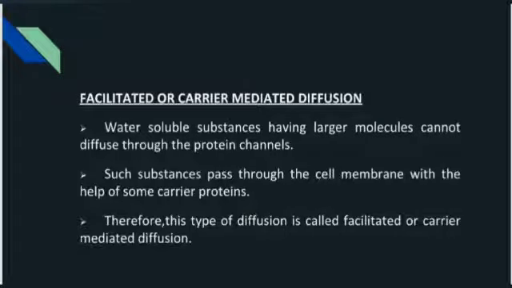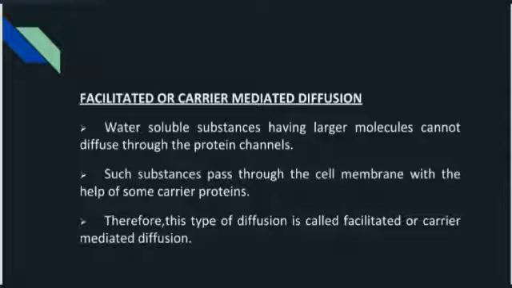Second one, facilitated or carrier-mediated diffusion. Water-soluble substances having larger molecules cannot diffuse through the protein channels. Such substances pass through the cell membrane with the help of some carrier proteins.